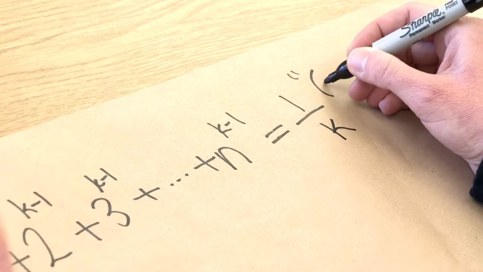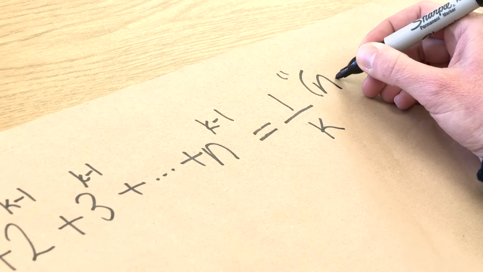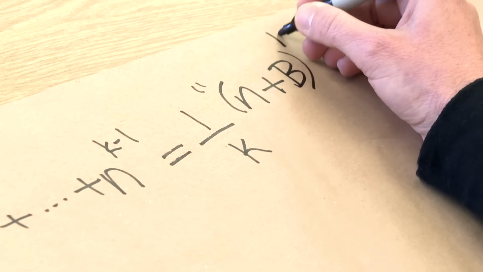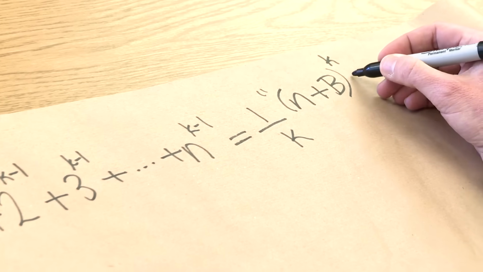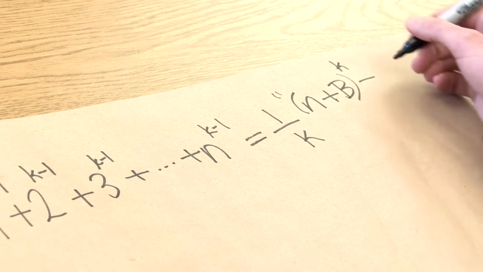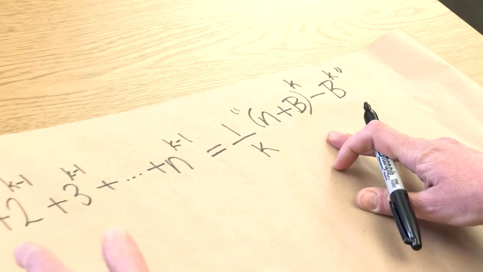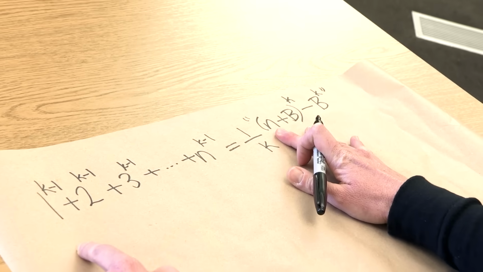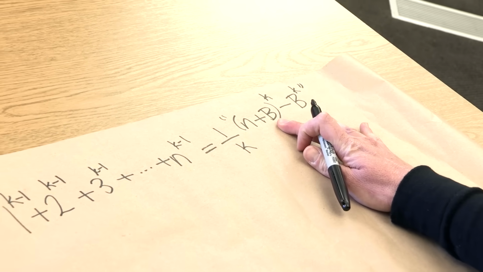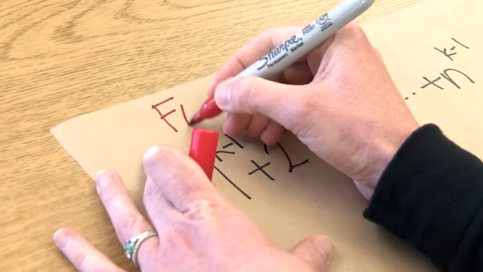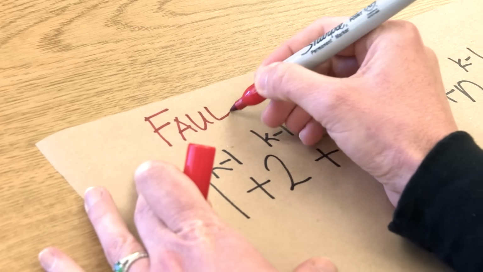We're going to look at n plus b to the k, so we've gone down 1 here and up here, minus b to the k. I haven't told you what this b is. You know what n is, it's our whole number. These b's are going to tie into the Bernoulli numbers.